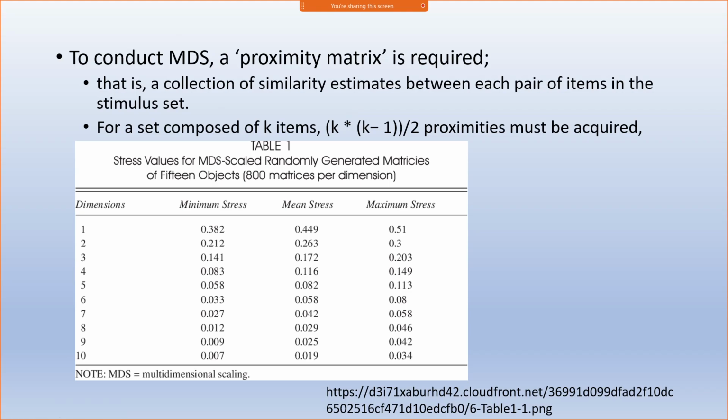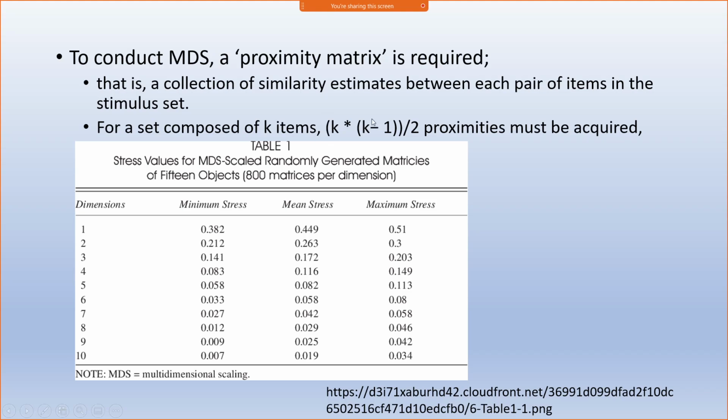Let's say we have chocolates, 10 brands of chocolate, A, B, C, D, E, F, G, H, I, J. So how many comparisons or how many pairs do you need to have? You just replace this K with 10.